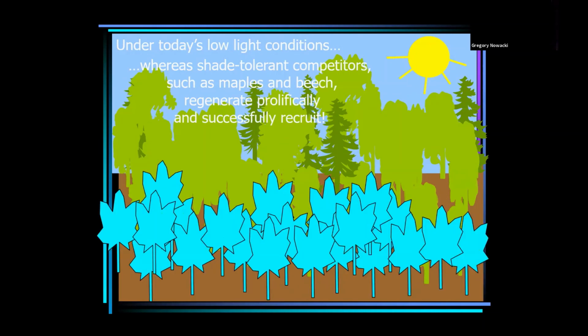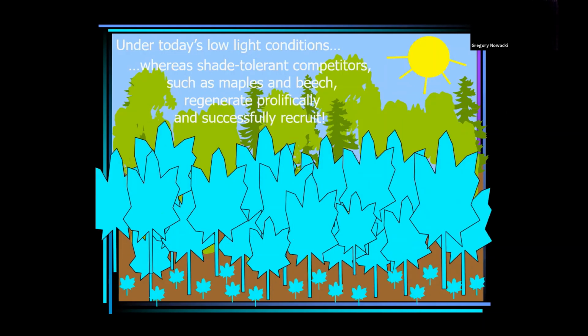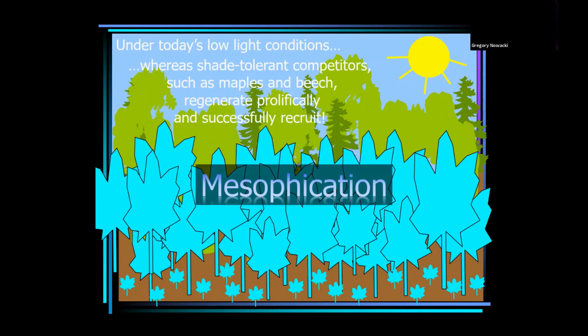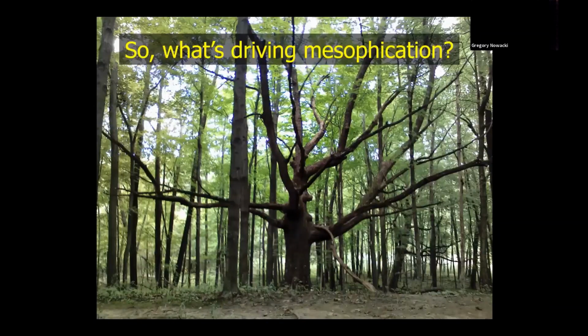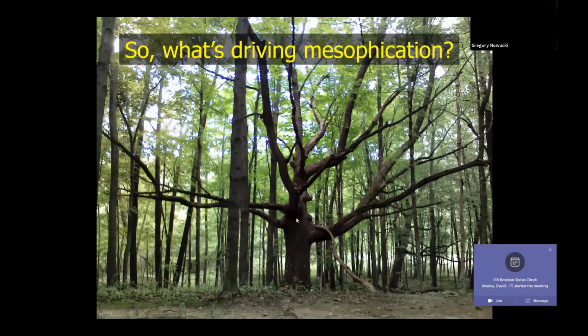And over time, they go from seedling to sapling, sapling to midstory. And this, my friends, is the basis of mesification. This shift from xerophytic species, oaks, pines, hickories, to these mesophytes, moisture-loving trees. So what's driving mesification? Note the large oak in the middle, surrounded by maples and other mesophytes.